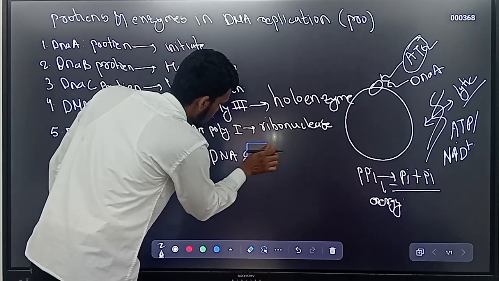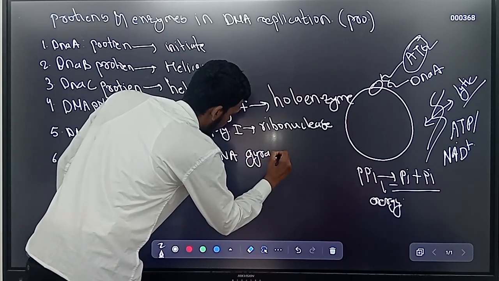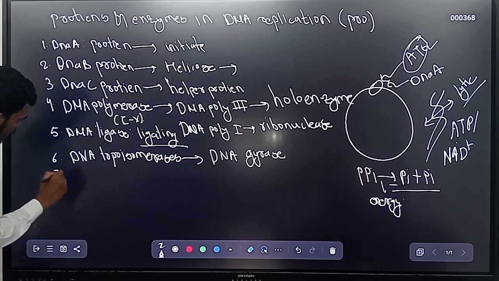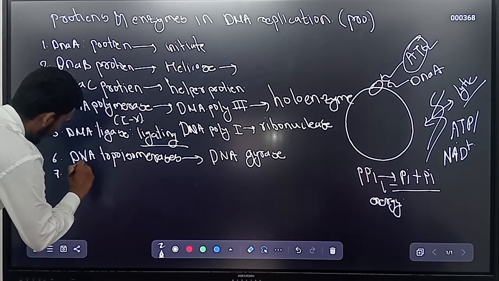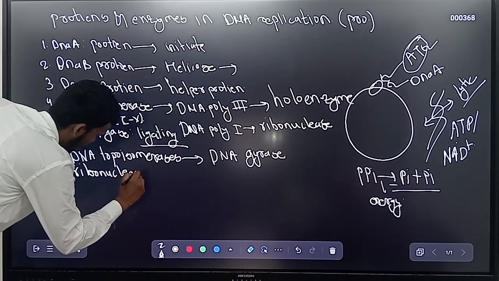DNA ligase is a protein or enzyme which will have a ligating or binding action. This will help the double-stranded DNA helical structure to ligate at some points in the process, and I will mention it as well. So DNA topoisomerases.